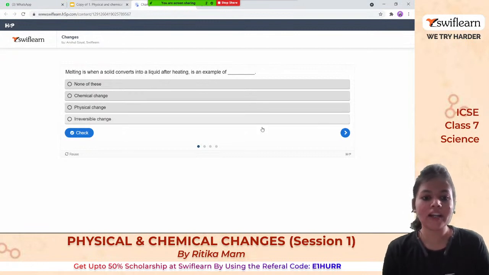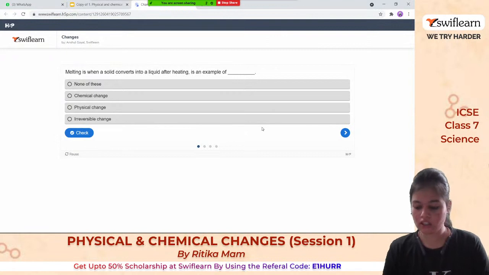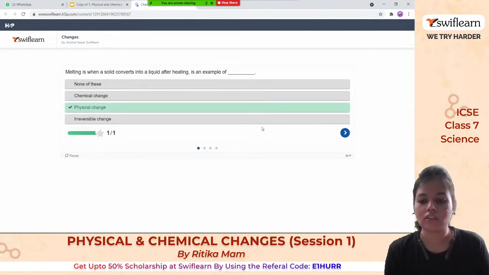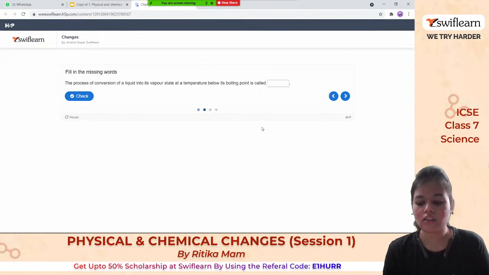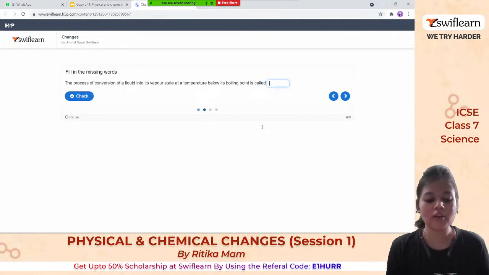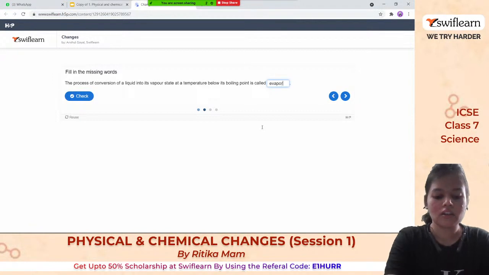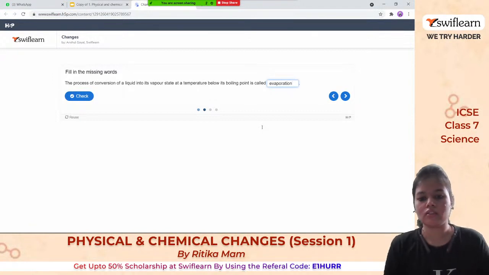Okay, so melting is when a solid converts to liquid after heating. It is what kind of change? When a solid converts to liquid after heating, it's a physical change. Next, the process of conversion of liquid to its vapor state at a temperature below its boiling point is termed as evaporation.